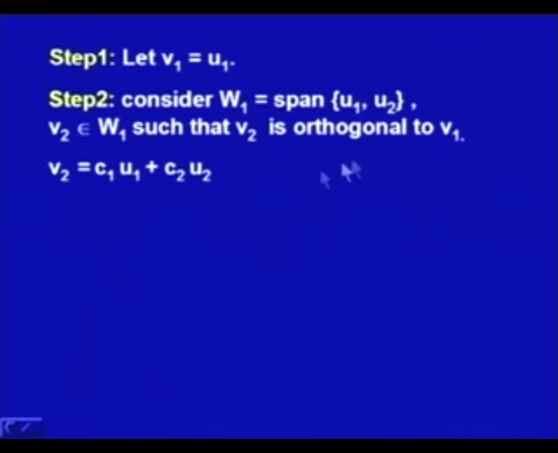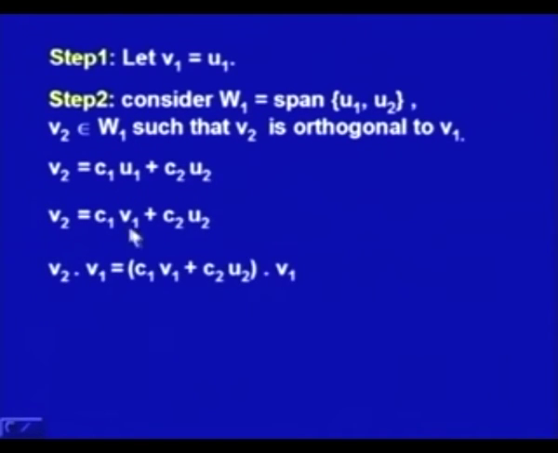So, v2 is a linear combination c1 u1 plus c2 u2, and u1 is nothing but v1. So, we have v2 equal to c1 v1 plus c2 u2, then we take the inner product with v1 and check that the inner product of v2 and v1 comes out to be 0. So, this equation is solved by equating it to 0.